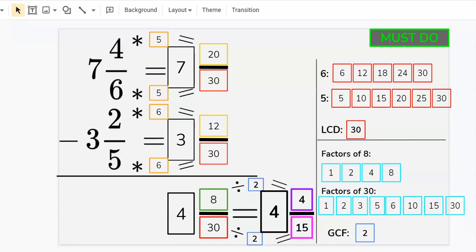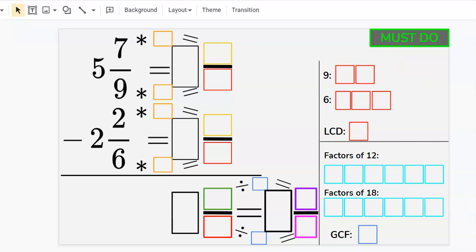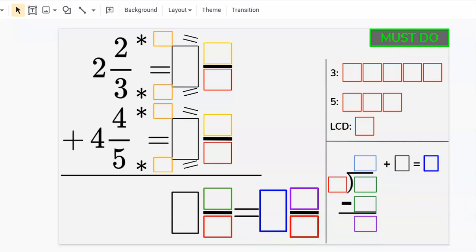When you do your work today, you're going to have two problems like this, two subtracting mixed numbers, where you have to simplify. And then you're going to have from last week a review of adding mixed numbers, where you have to turn an improper fraction into a mixed number. So your whole number is going to be even larger than just adding these two.